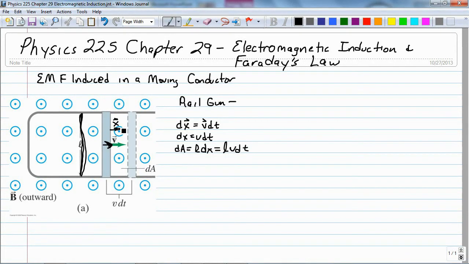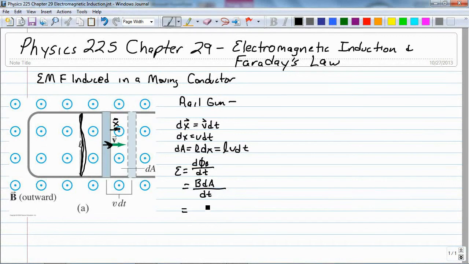And since it's one loop, I'm just going to look at Faraday's law, and we're not going to worry too much about the negative sign. We're just going to write d phi magnetic field over dt, and that's just going to be equal to the magnetic field times my differential area, because we said the magnetic field was constant, over dt.